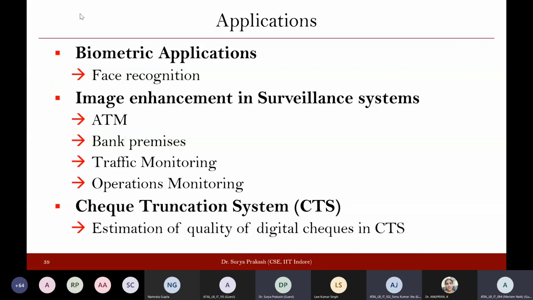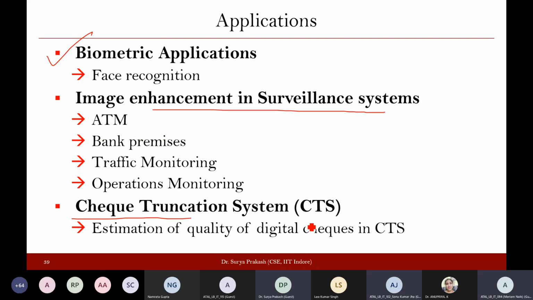So this was all about the enhancement of the contrast using this proposed technique, and there can be several applications of this. Wherever you have images with poor contrast, you can make use of this technique and improve the contrast of the image. Some of the applications are listed here, like biometric applications, enhancement of images in surveillance systems, or in banking when you are dealing with scanned checks.